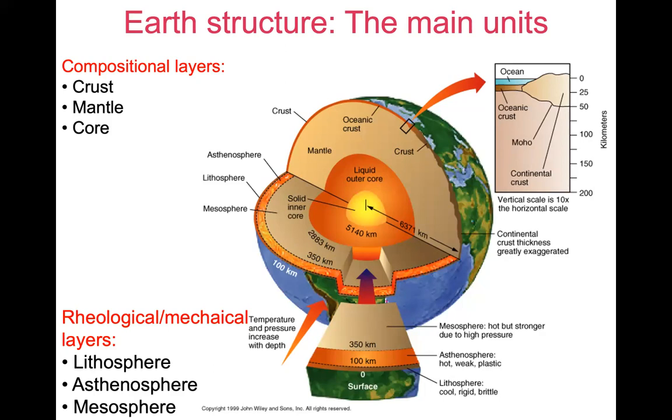And the distance from the surface to the next layer, the outer core, is about 2883 kilometers.